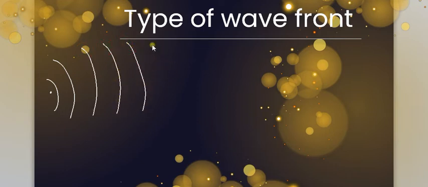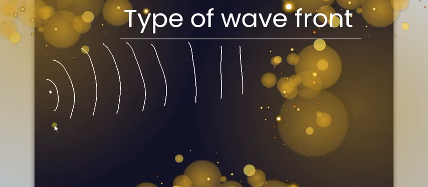As it travels the distance, it starts becoming flat because the radius of curvature becomes larger and larger as the vibrations travel a longer distance. So this will get converted into a flat surface. This is what we call a plane wavefront.